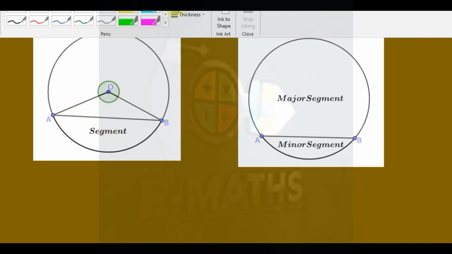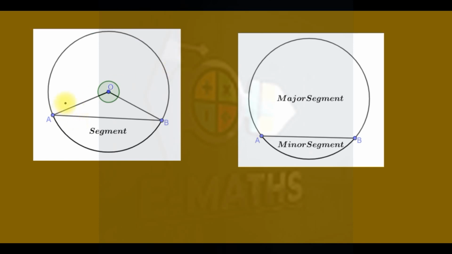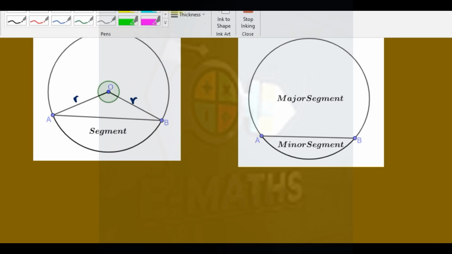Assuming I have a circle with radius r that forms a triangle with the chord, the length of the chord and the radius form the triangle. So what you have to do is subtract the area of this triangle from the sector, and you get the area of a segment.